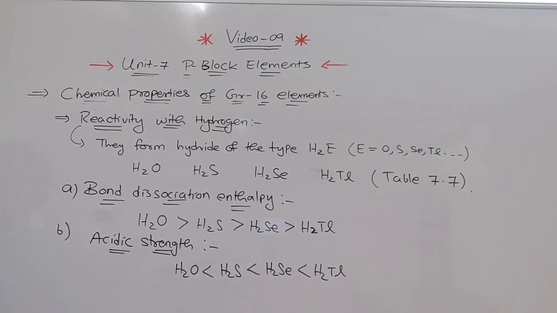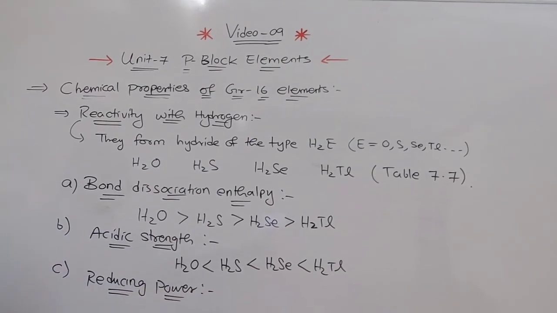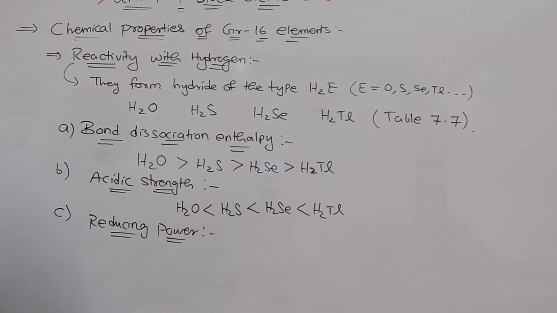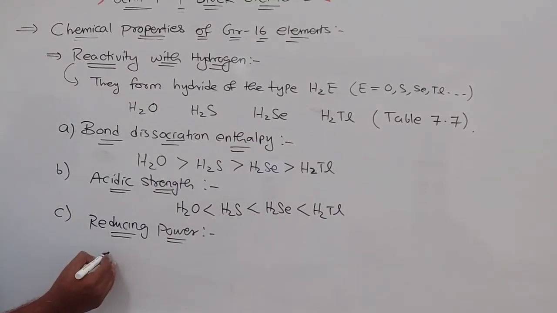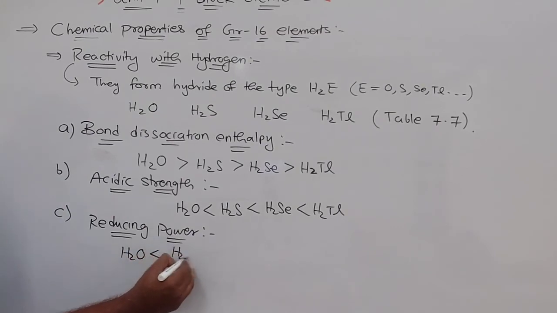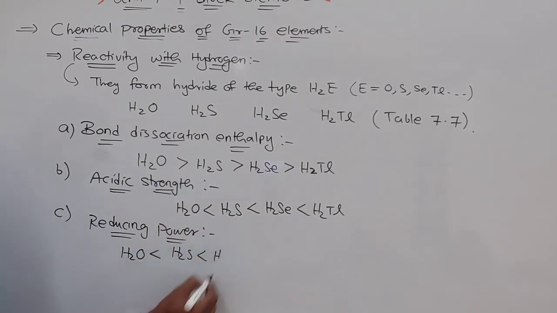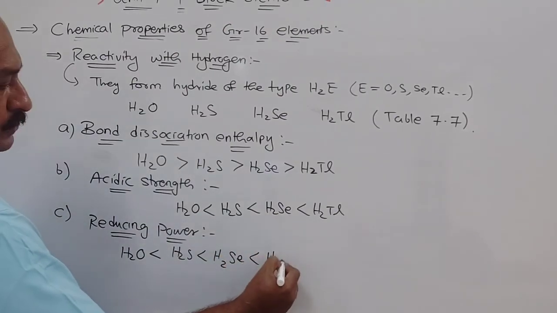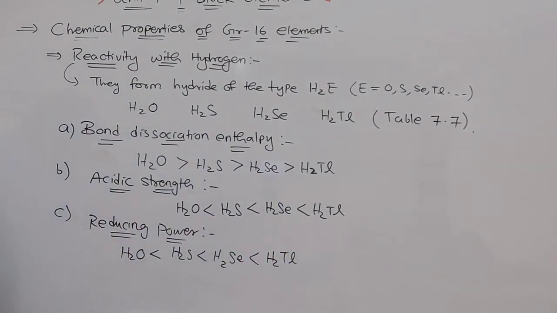Then comes the reducing power. When you write the reducing power, it is like this: H2O is less than H2S, less than H2Se, less than H2Te.